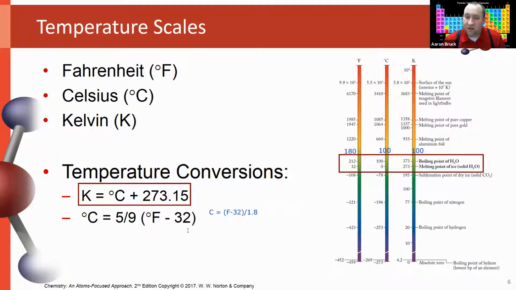From a scalar standpoint, this equation that I just wrote and the equation that is written here mean the same thing and would give you the exact same results. Why do I favor this equation? Because it's not a fraction. 1.8 is a lot easier to enter into your calculator than 5/9 or 9/5.